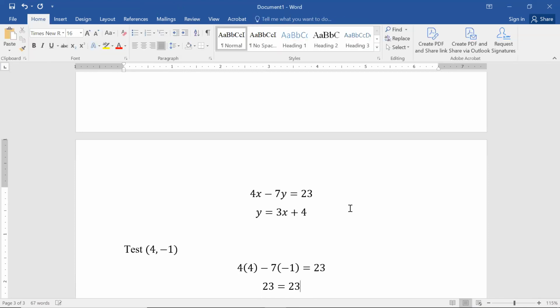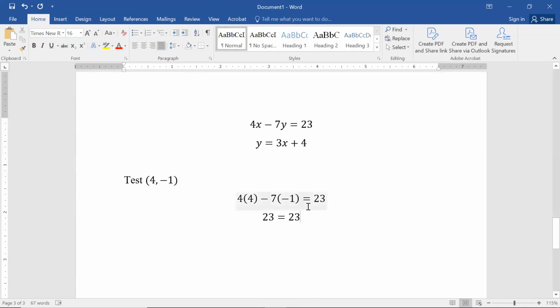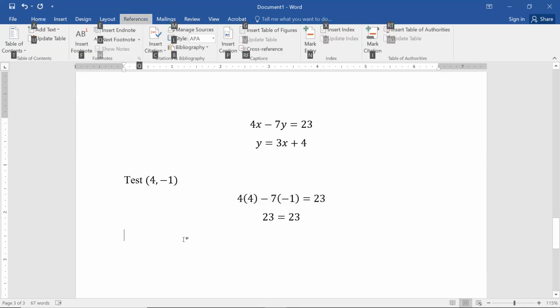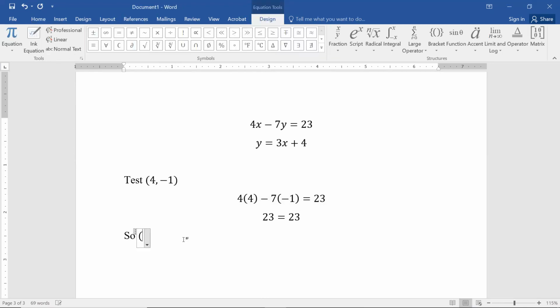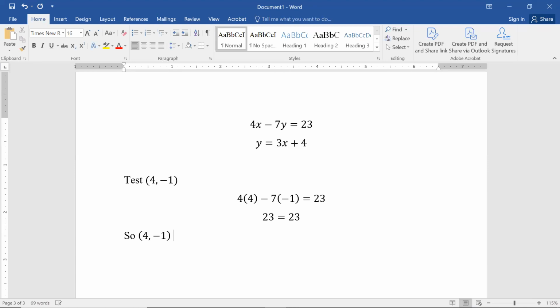And that starts out well. So let me write that. So 4, negative 1 works for, or is a solution for, that first equation there.